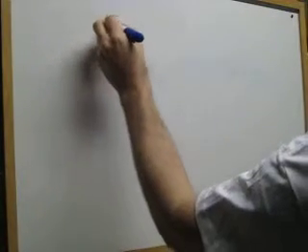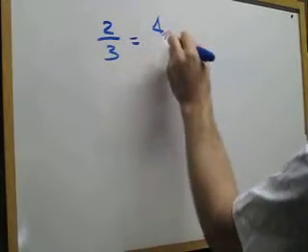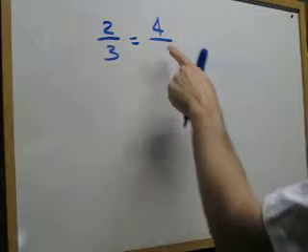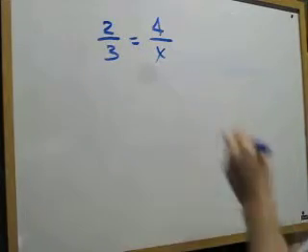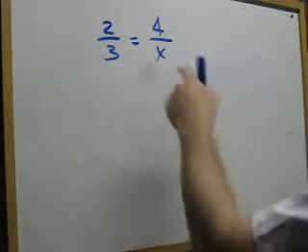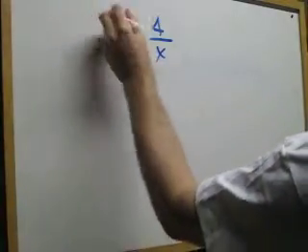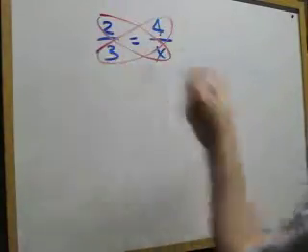Sometimes they give us a ratio of 2 to 3, and then they give us another ratio that we know is going to be equal, but maybe we don't know this number, and they give us x. So what we're trying to do is solve for x there, and we do that cross multiplication that I had put up here earlier, where we take the extremes and the means and multiply them by each other.